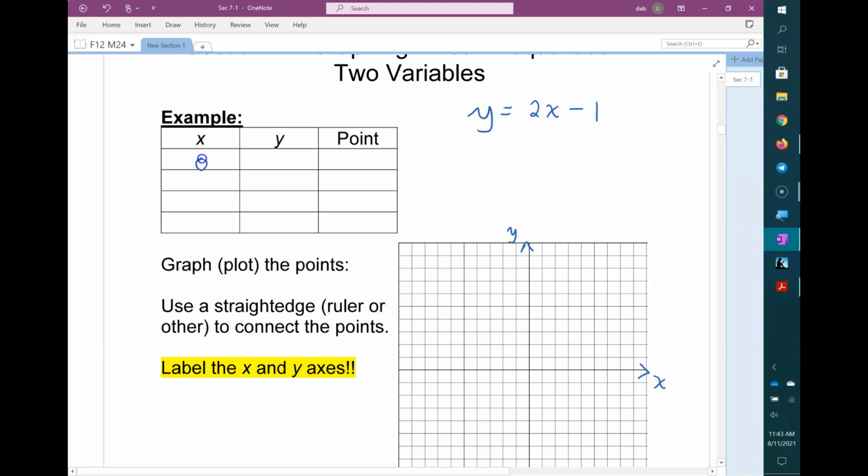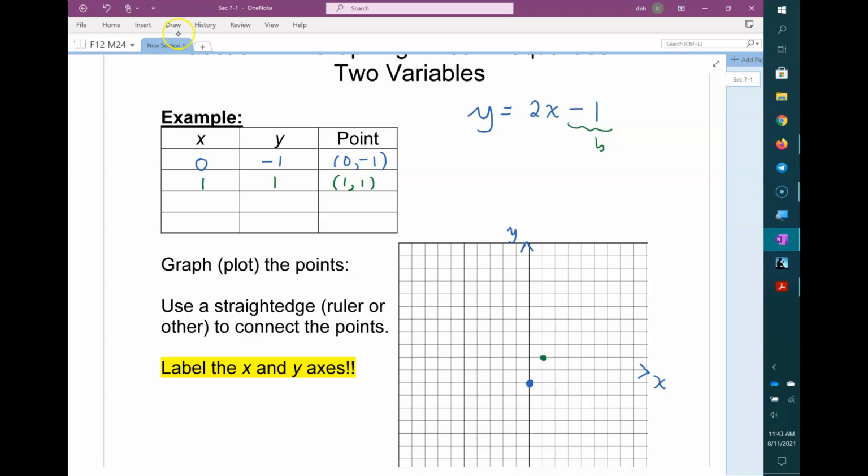So let's start with when x is 0, and we'll get y is -1, so that means the point 0, -1 is on our graph. You could also just look at the equation of the line, and if you recall that this is the b, the y-intercept, you could just graph it from there. So then when x is 1, y is 1, so the point 1, 1 is a point on our graph.